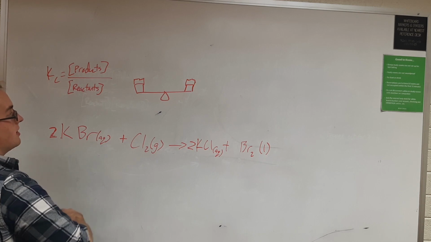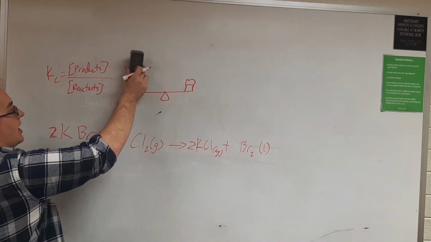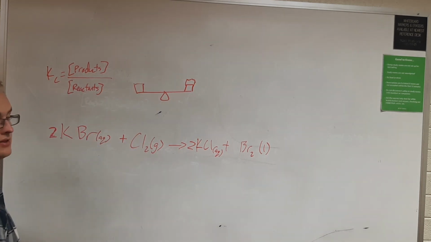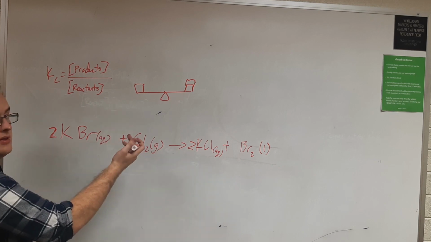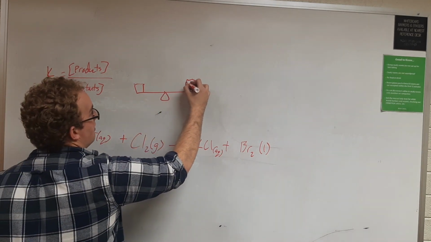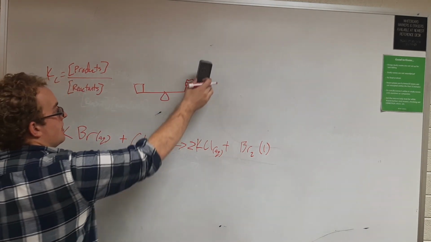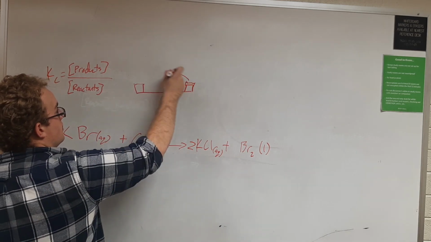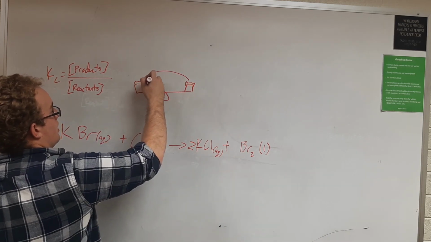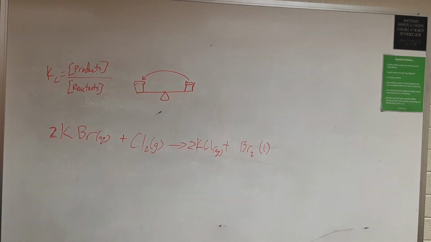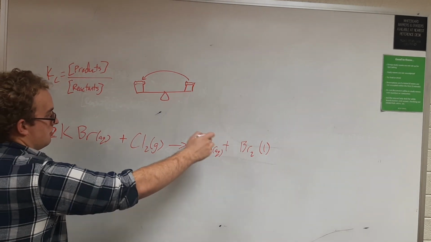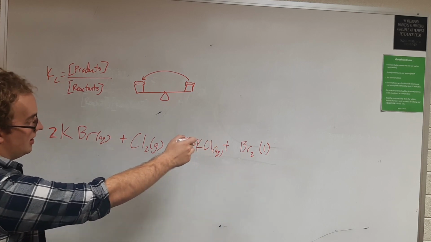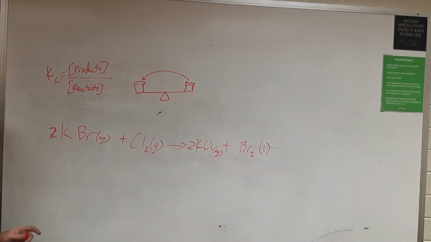Let's say we took some of our reactants away, then it's unbalanced, and in order to achieve balance, we would take half of this stuff and move it over here, right? This would favor the reactants. That means if we took some reactants away, then we would convert some of our products back into reactants. That would mean it would favor the reactants.